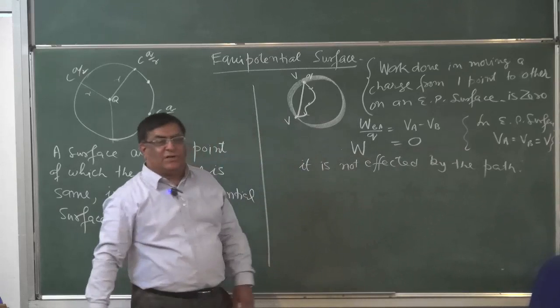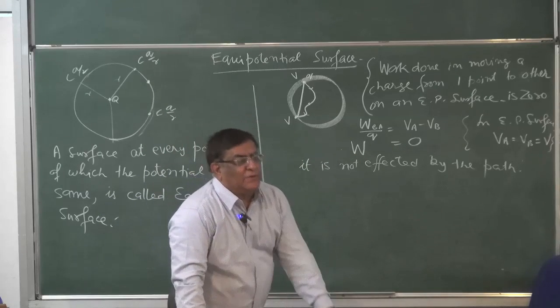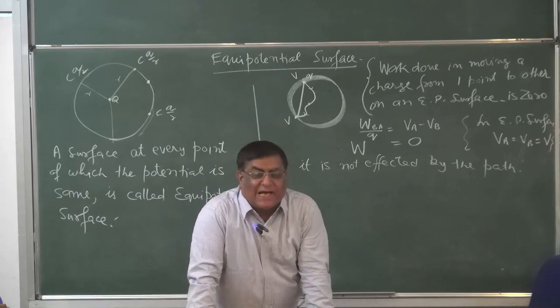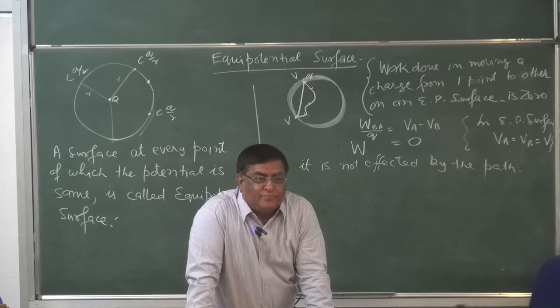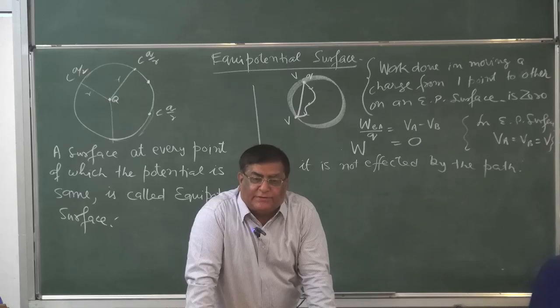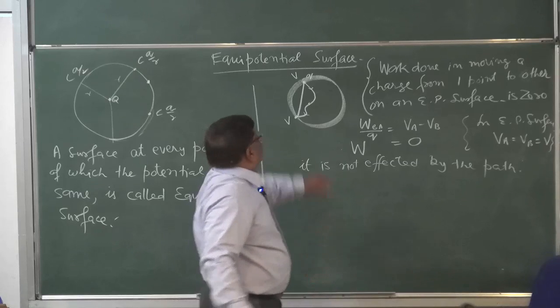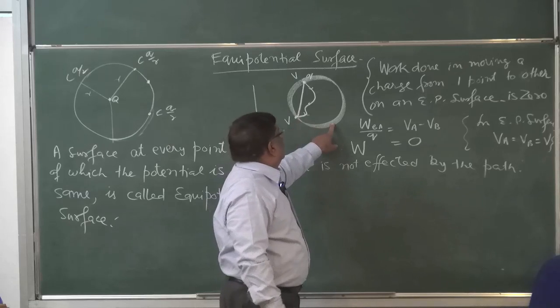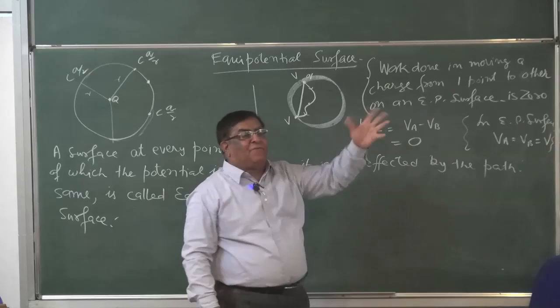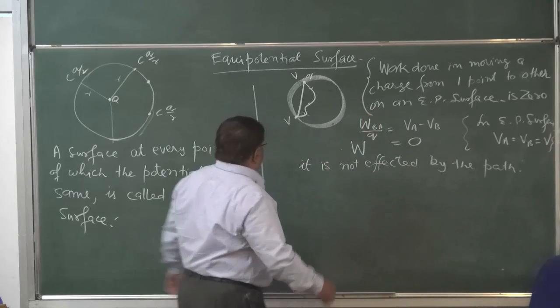This is an equipotential surface. Now this equipotential surface has a certain potential. The potential is not zero but equal at all points. That means if here the potential is 100, here also it will be 100, everywhere it will be 100. Now see here.